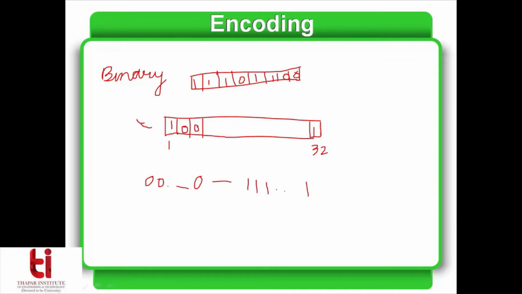The highest value I can represent is of all ones. In general, my decoded value can be represented as a summation with k varying from 0 to n minus 1.